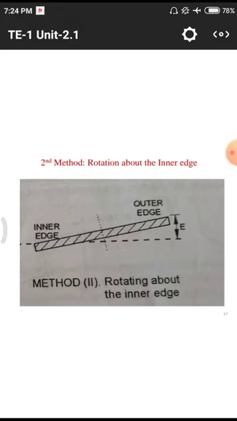This is the diagram representing the rising of the outer edge with respect to the inner edge. We have the central line, and E is the amount of rise from the central line to the outer edge.